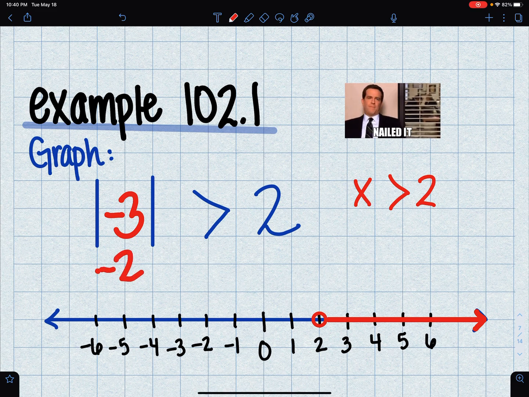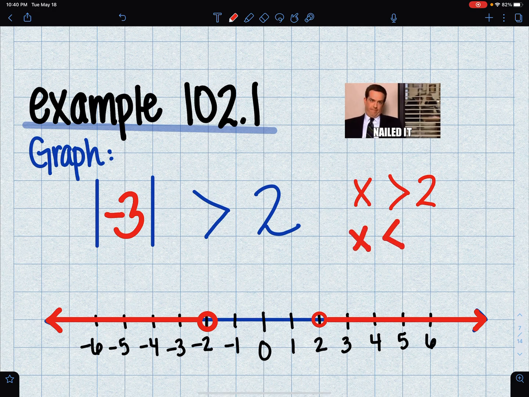No, that would not be included because the absolute value of that is just 2, and it would be equal to 2, so that's not greater than. So we have to do the same sort of thing on the negative side. I'm going to make an open circle, and then anything greater than that in magnitude, even though it's going in the left-hand direction. So x is greater than 2, or x is less than -2 are the answers.